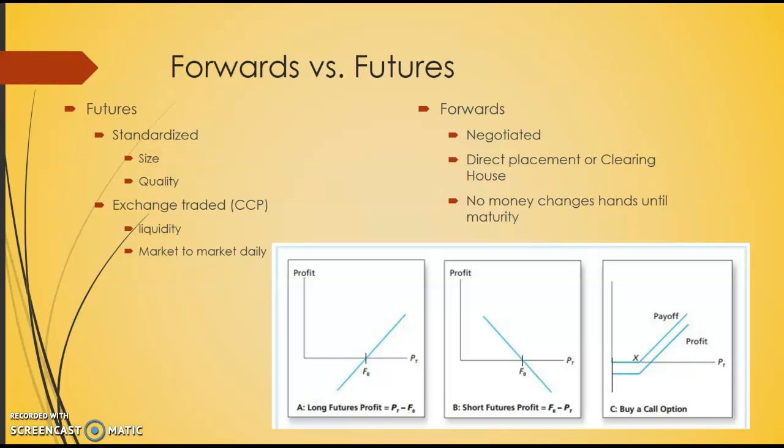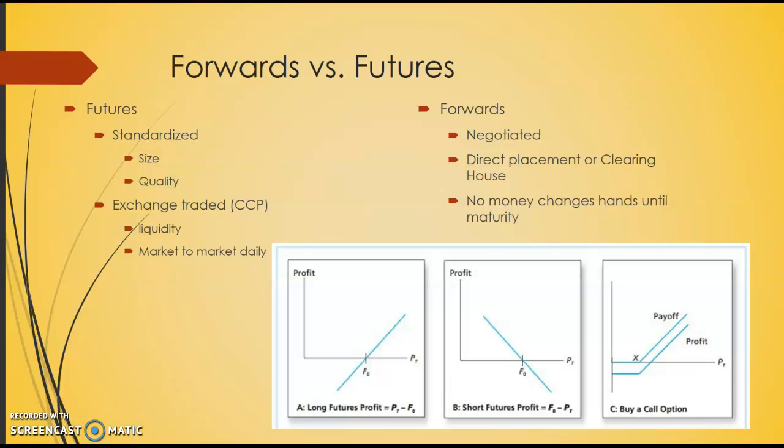Now, with a short position, that's where you take the flip side of it. You need to sell something in the future and you're worried about the price potentially falling in the future. So your profit there is the futures price minus the spot price. So in both cases, you're locking in a position. It's just a question of which side you're betting on.